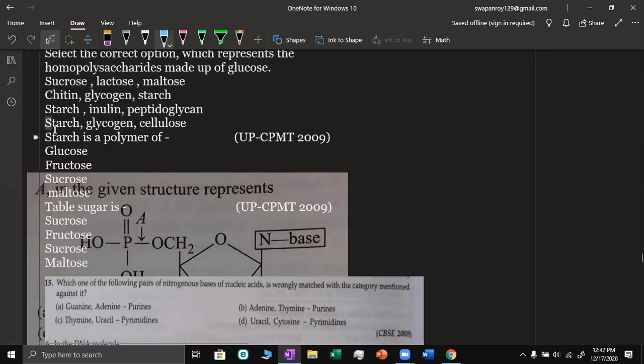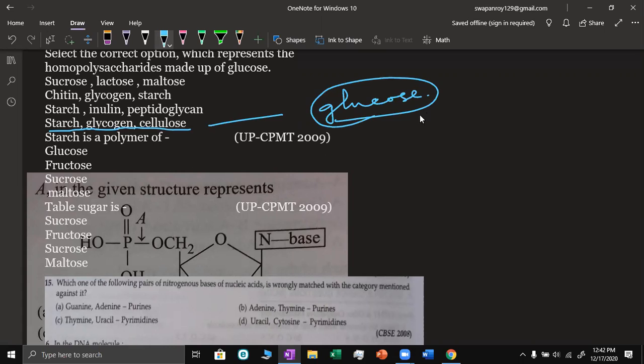This is the homopolysaccharide. Starch, glycogen, and cellulose all are made of glucose. All right, they are made of glucose.